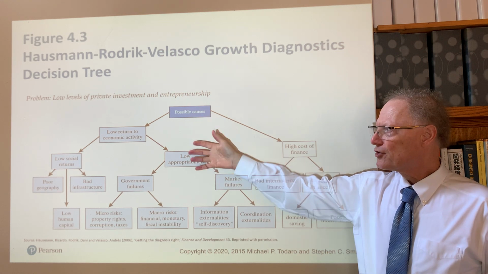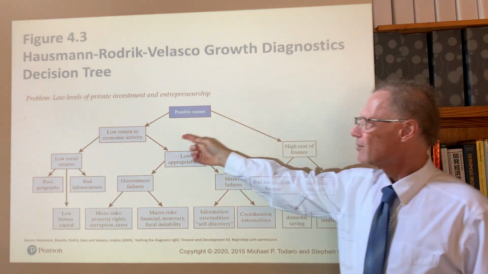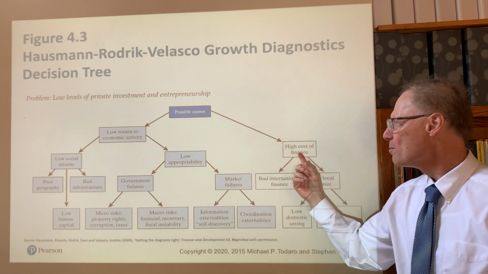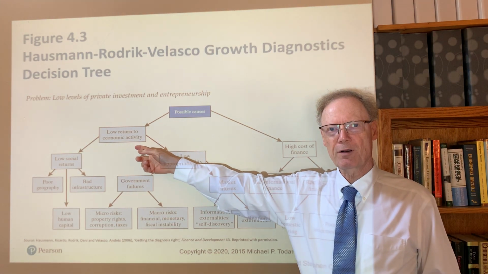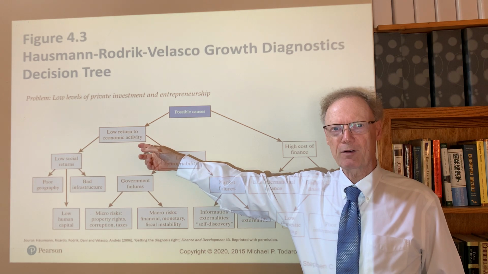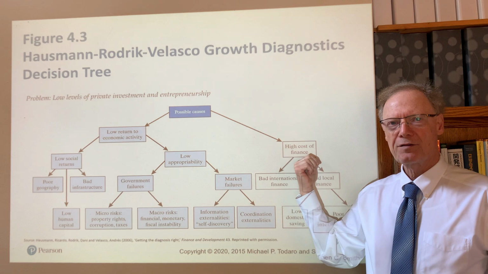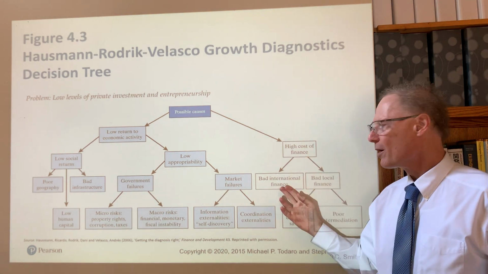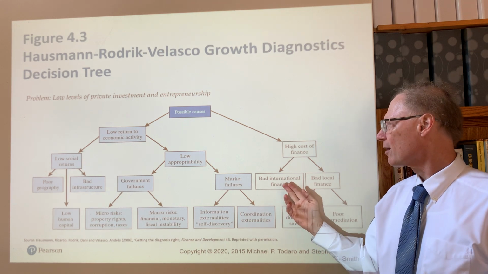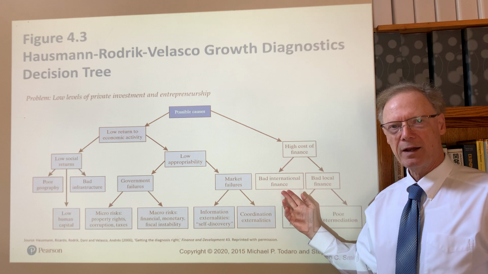In this decision tree analysis, these analysts have put these into two main tree branches. One is a low return that investors get for one reason or another to economic activity, and the other is the high cost of financing that activity. Just very briefly, one of the sources of high cost of finance could be bad international finance.